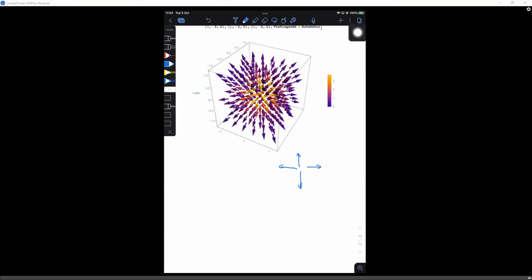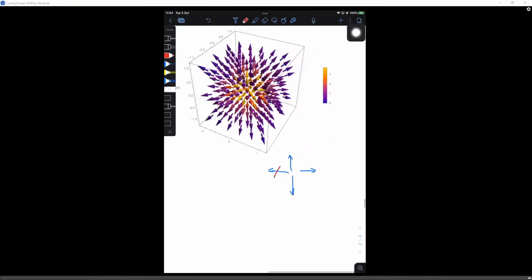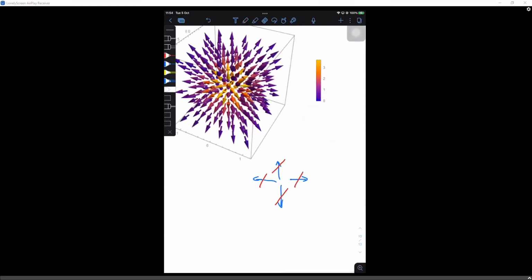So if we sum the vectors together, this thing will cancel and this thing will cancel, and it is symmetric, so the divergence of v is equal to 0.